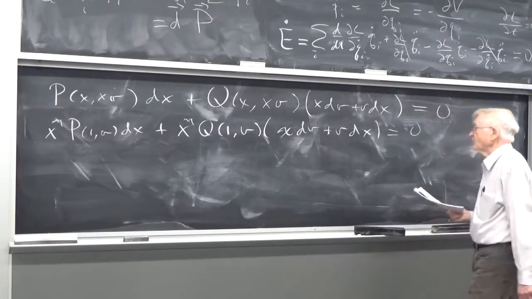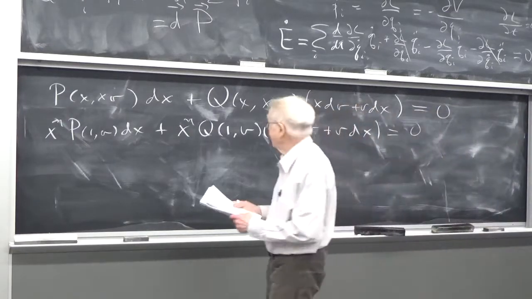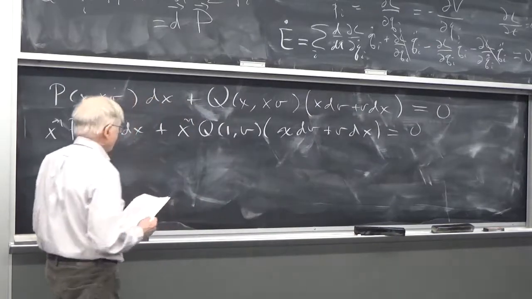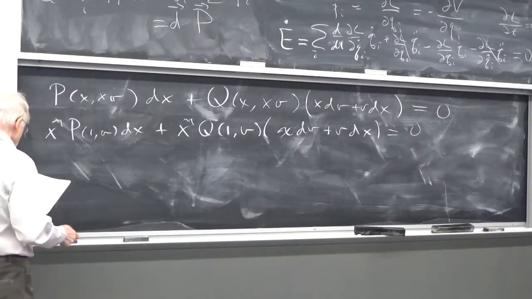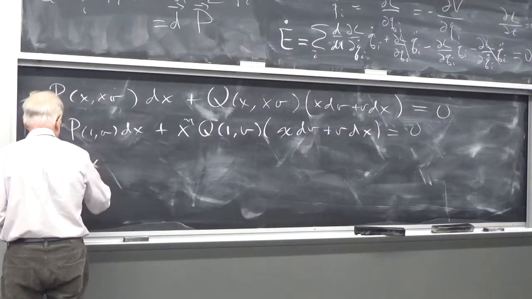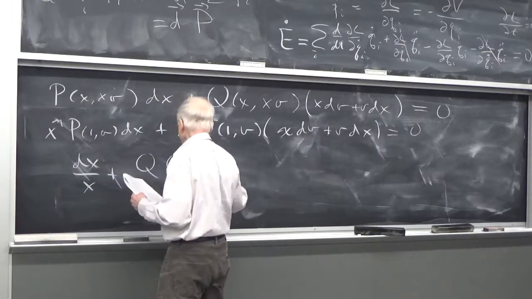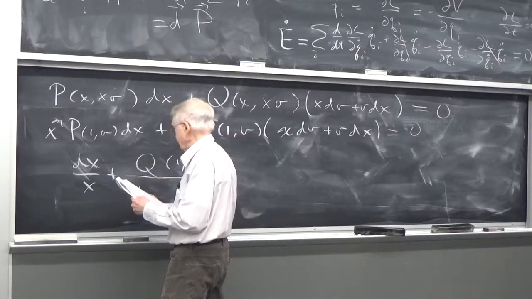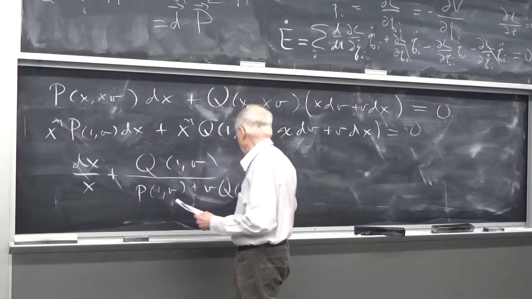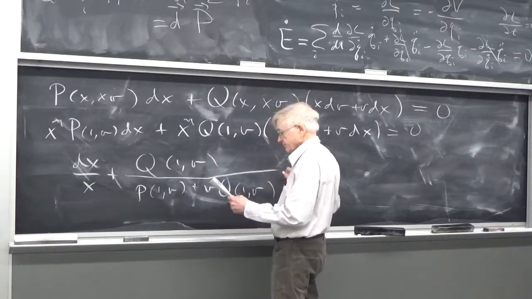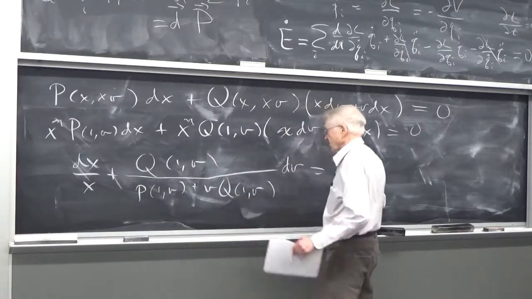And we can then massage this equation, divide by x to the n, and so forth. And what we get is dx over x plus Q of 1, v divided by P of 1, v plus v Q of 1, v, all of that, this dv is equal to 0.